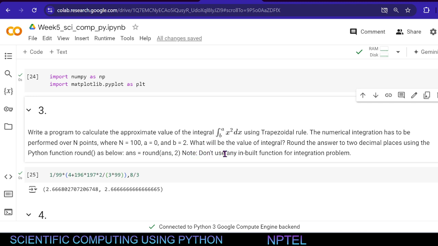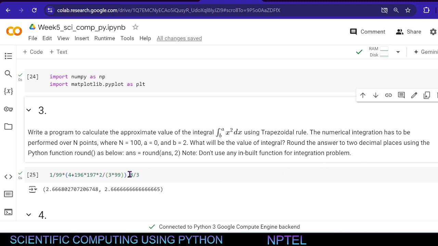Most importantly, we can't use any inbuilt function for integration. Even though there is a function called quad which can integrate, we can't use it, so we have to use the formula.